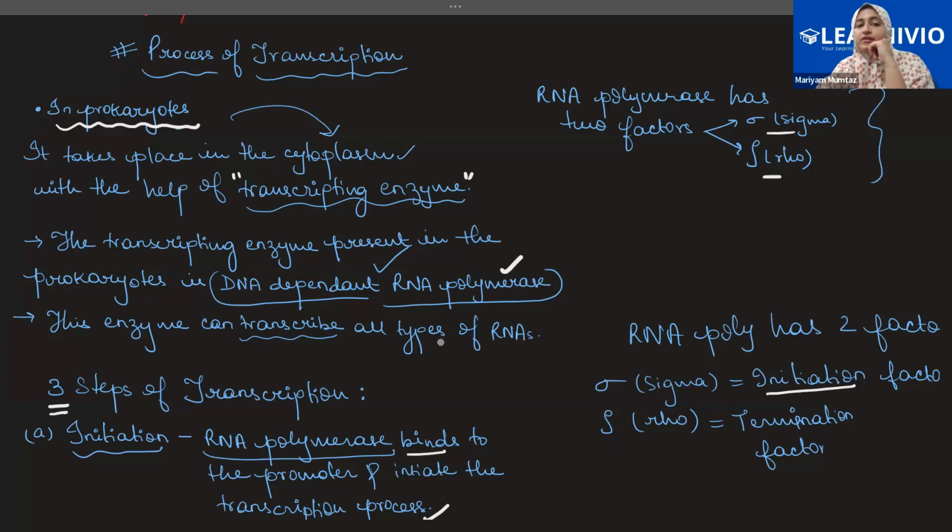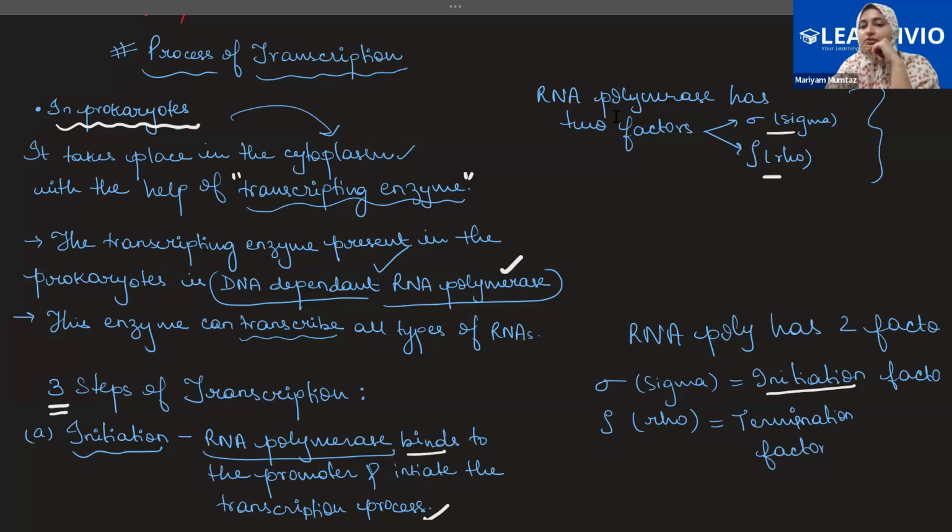Now, the process of transcription is the process through which the mRNA, or you can say the hnRNA, is formed. What is the common name of hnRNA, students? See, this is not a test.